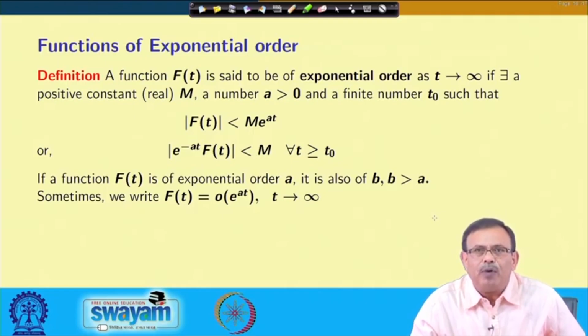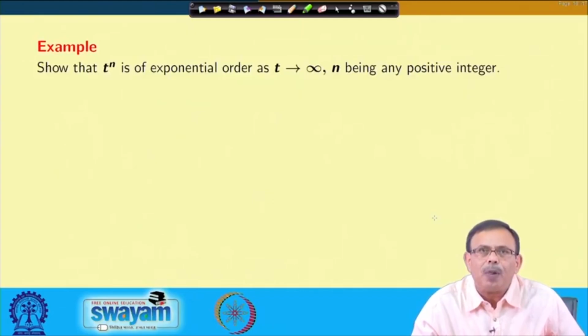That means whenever it is of exponential order a and there is a b greater than a, then we can tell the same thing, that f(t) is of exponential order alpha, where we can write order of e^(at). And please note that this condition should be satisfied only as t approaches infinity.